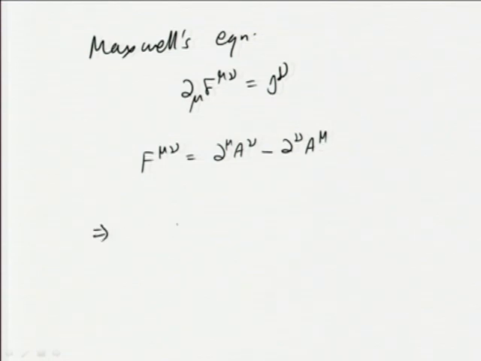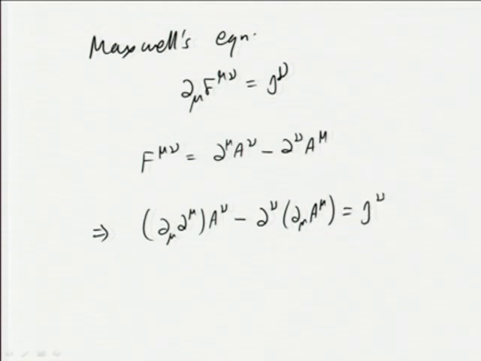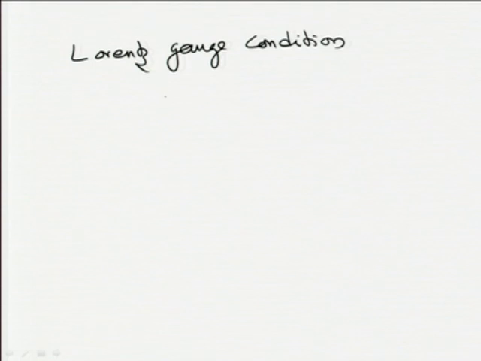That gave the Maxwell's equation as dou mu dou mu A nu minus dou nu dou mu A mu equal to J nu. Then we had the Lorentz gauge condition, dou mu A mu equal to 0.